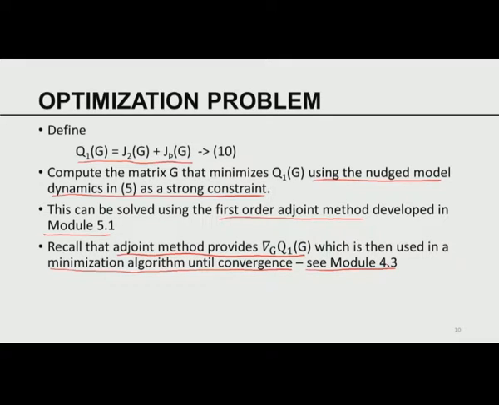An interested reader can simply apply the methods and derive the expression for the gradient. So this was the theme of people who wanted to estimate G optimally using a 4D-Var like method.